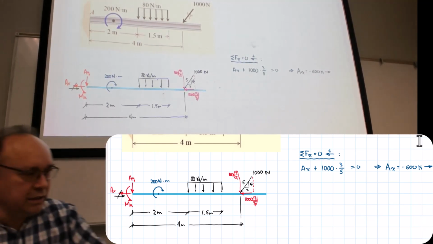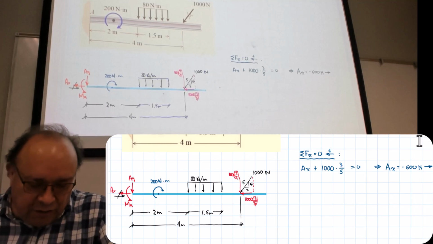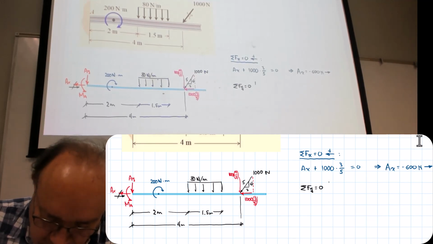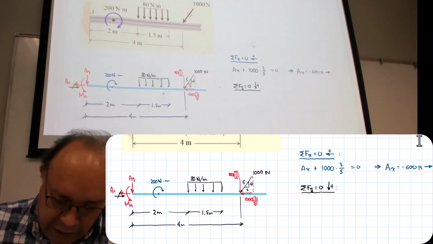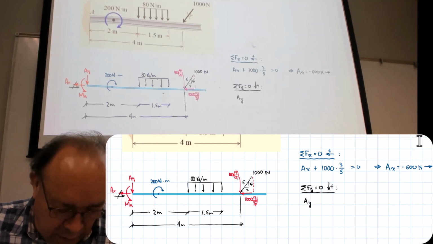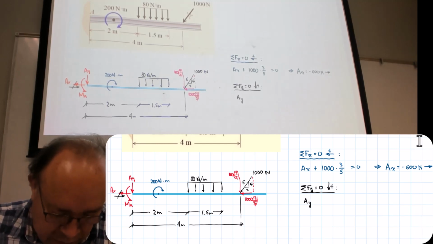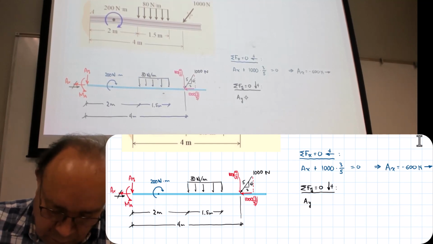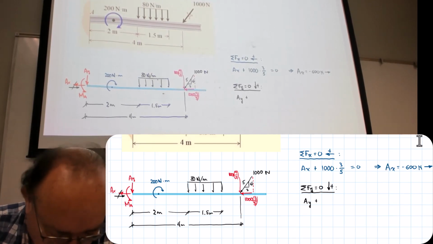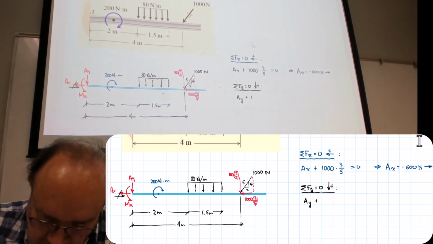Next, summation of forces in the y direction equal to 0. I'm gonna put positive going down because my unknown is going down, AY. So I have AY. Any other force in the vertical direction? The 1000, and it's also positive because it's going down, so it will be 1000 times 4 over 5.